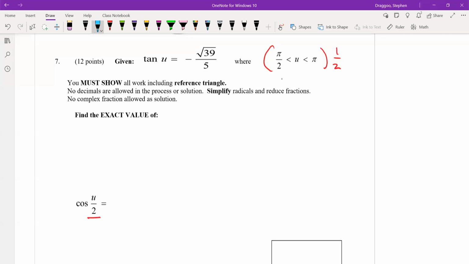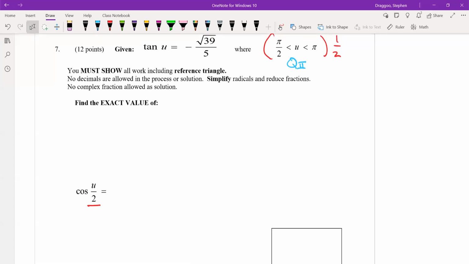Figuring out a reference triangle. U itself is between pi over 2 and pi. That's the second quadrant, so I'm going to draw my reference triangle in the second quadrant and put the coordinate axes on there.